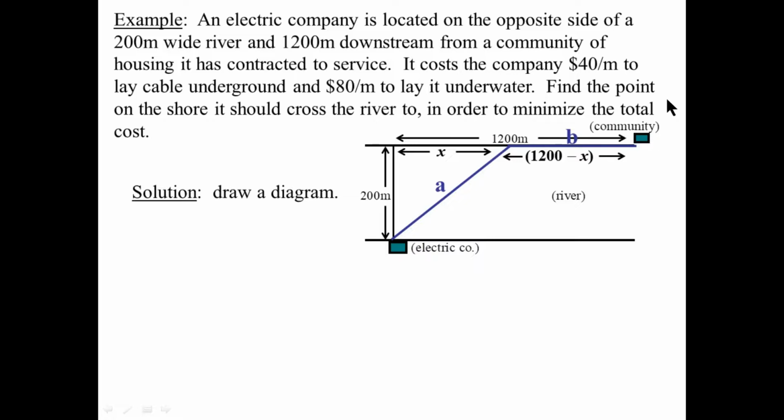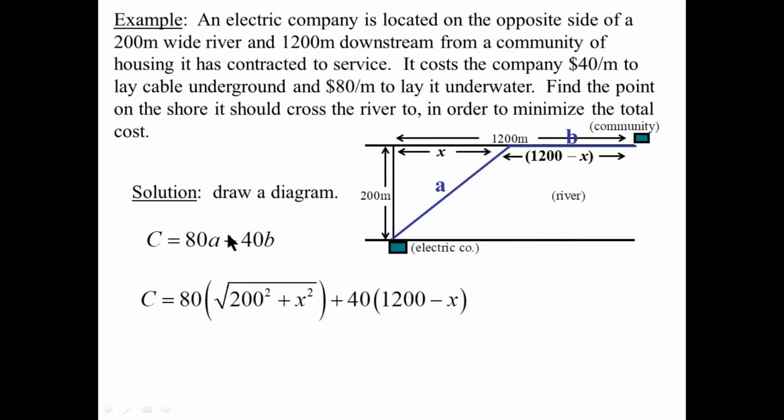Now, a simple expression for the cost will be 80 times A plus 40 times B, because B is underground and A is underwater. Developing this simple expression, we have A is the square root of 200 squared plus x squared by Pythagoras.